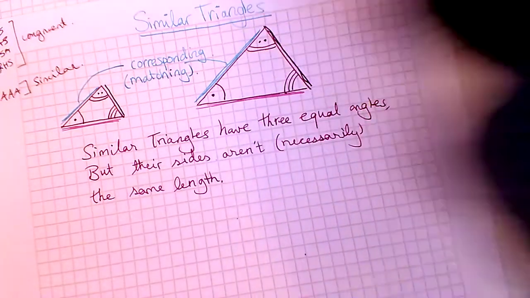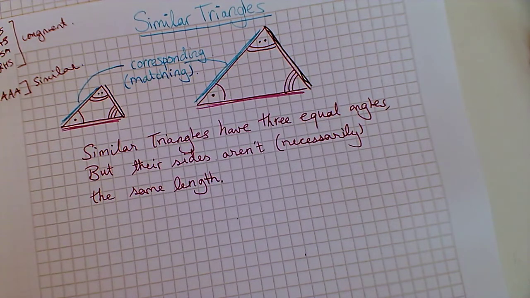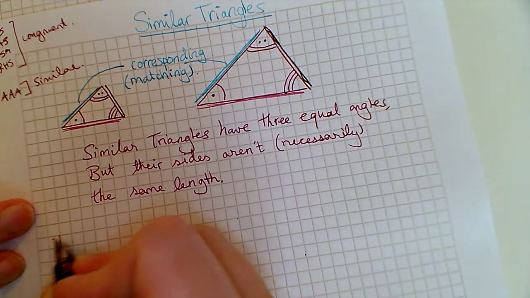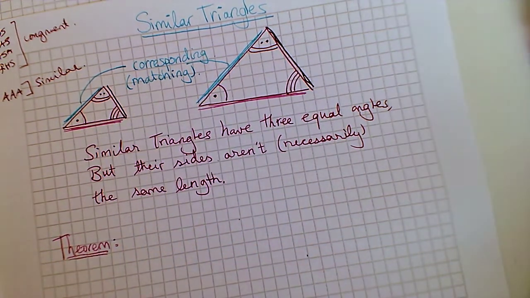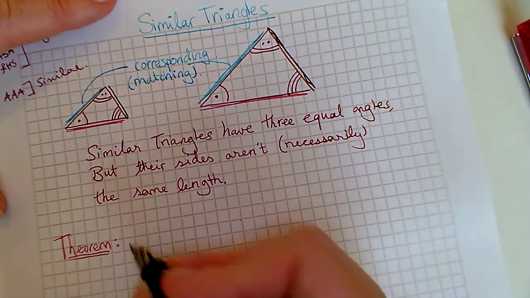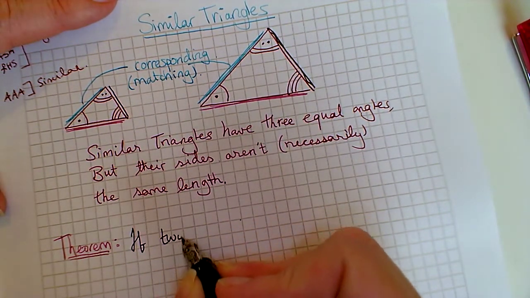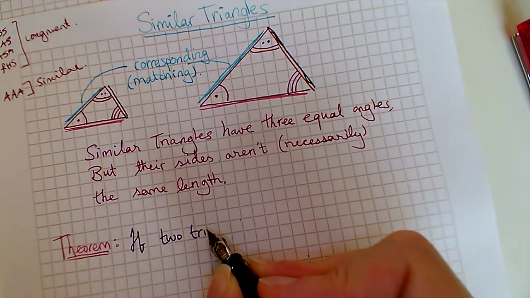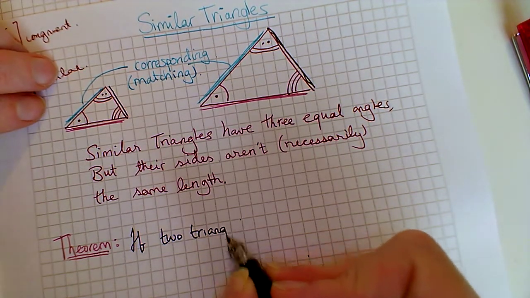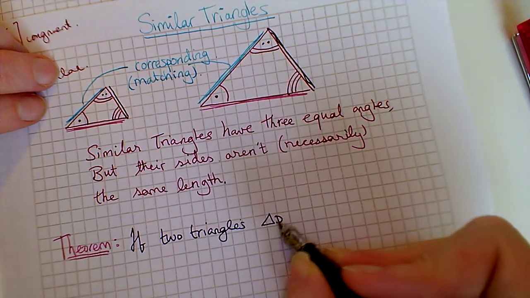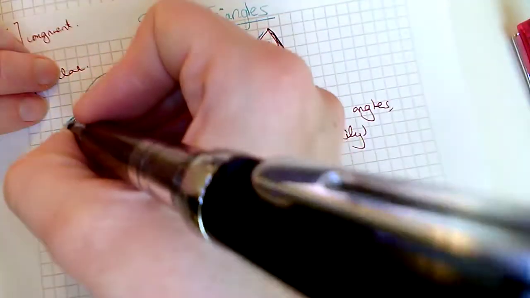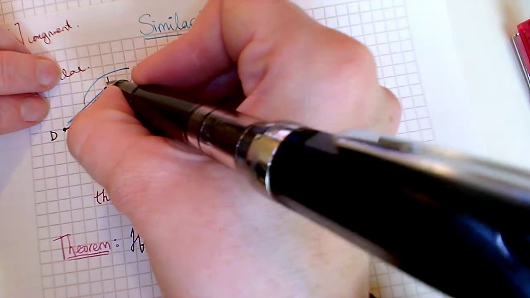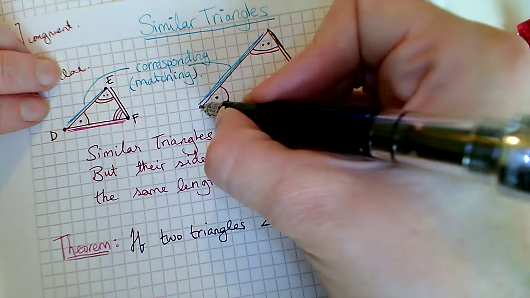And we have a theorem, and let's write down the theorem statement. If two triangles are similar, and let's call them triangle DEF and ABC, and let's label this one DEF, I can use it as a diagram, and this one ABC.